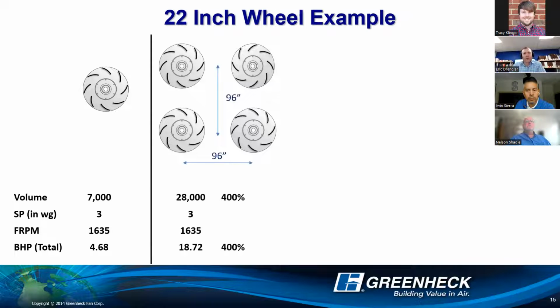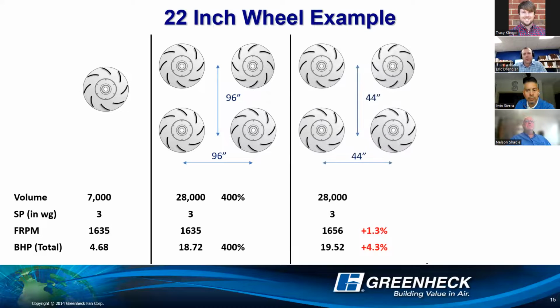If I put 4 of those impellers in parallel and I have 8 feet between the impellers, I'm going to get 4 times the amount of air. I'm going to spin them at the same speed and basically draw the same amount of power times 4. Because at 8 feet, those wheels are not talking to each other. There's no communication. It's 8 feet on the center distance of the wheels.